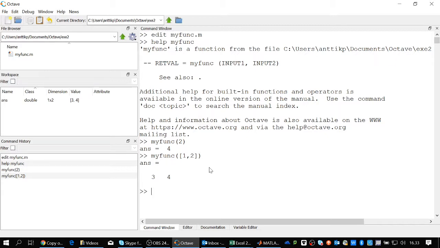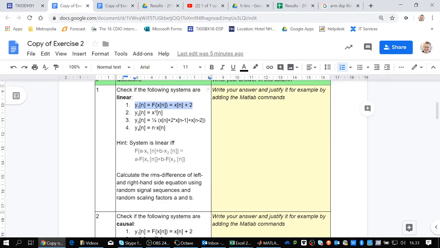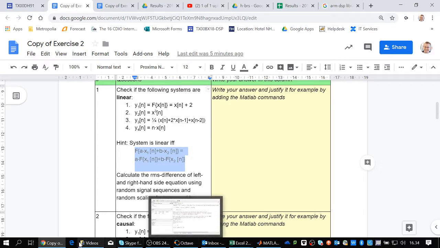Linearity means if and only if the, let's see, function at, okay, let me see, can I copy that one? So that's the linearity requirement.